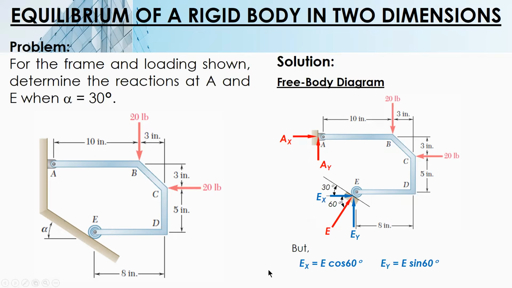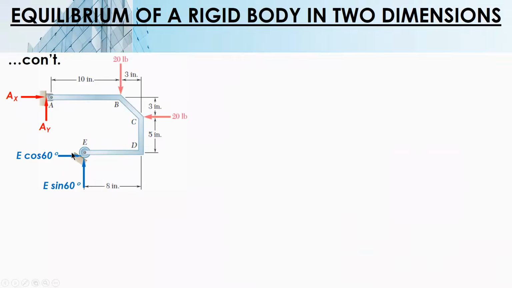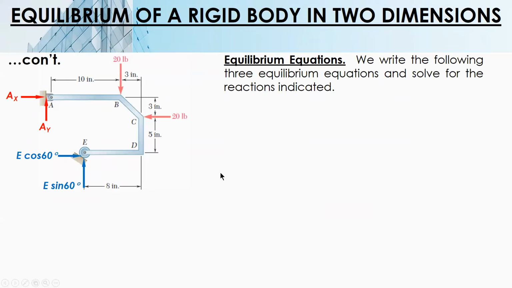So, in applying the equations, you can replace E by EX and EY. So, we can now apply the conditions of equilibrium since all forces are either horizontal or vertical. Summation of moments at A. Why start with moment?